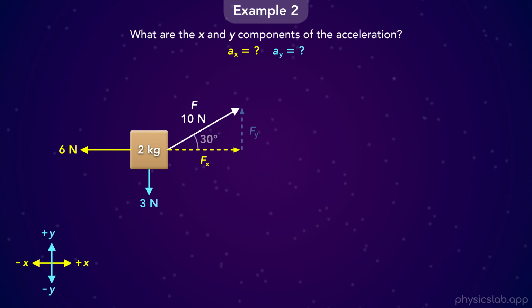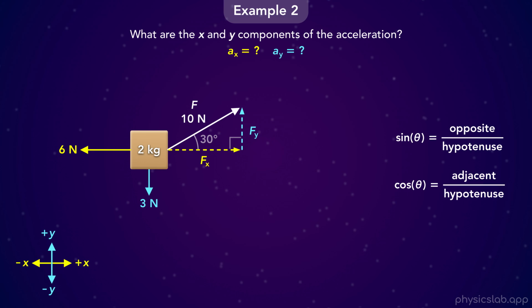The x component is parallel to the x-axis, and it would point to the right because the 10 Newton force points to the right. The y component is parallel to the y-axis, and it points up because the 10 Newton force is pointing up. Remember, a vector and its 2 components form a right triangle, so we can use the trig functions and this angle to find the components.